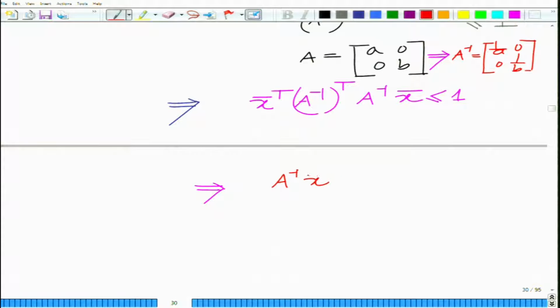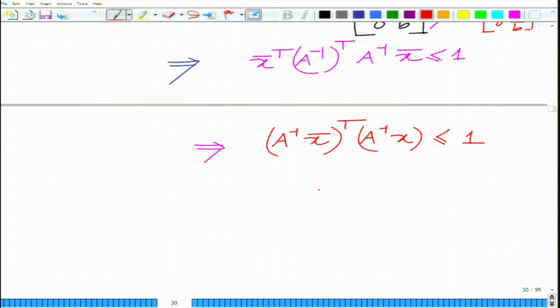Now, the above inequality implies, I can write this as A inverse x bar transpose into A inverse x bar less than or equal to 1, and now you can clearly see the vector transposed with itself is nothing but the norm of the vector squared. That is, if u bar is a vector, we have already seen that u bar transpose u bar is basically norm u bar square.